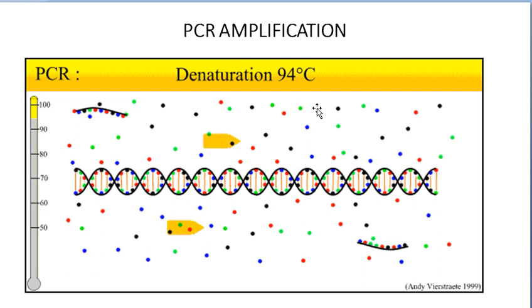So at the end we have amplified this DNA, and these sequences we use for any of the assays. This concentrated sequence we can use for the assay, like ELISA, enzyme linked immunosorbent assay. We can use it for many other assays, like to find out whether that person has got the infection.